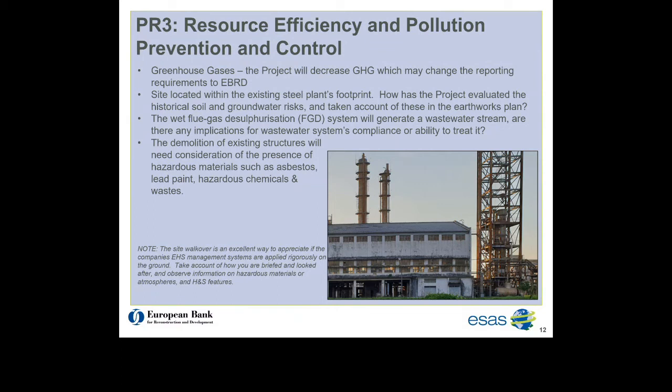We also wanted to evaluate how the wet flue gas desulfurization system, which would generate wastewater, would be dealt with. We knew there was an existing wastewater treatment plant on the steel works into which this would be fed, and needed to evaluate whether it had the capacity and the technology to deal with this new wastewater stream which needed to be treated.